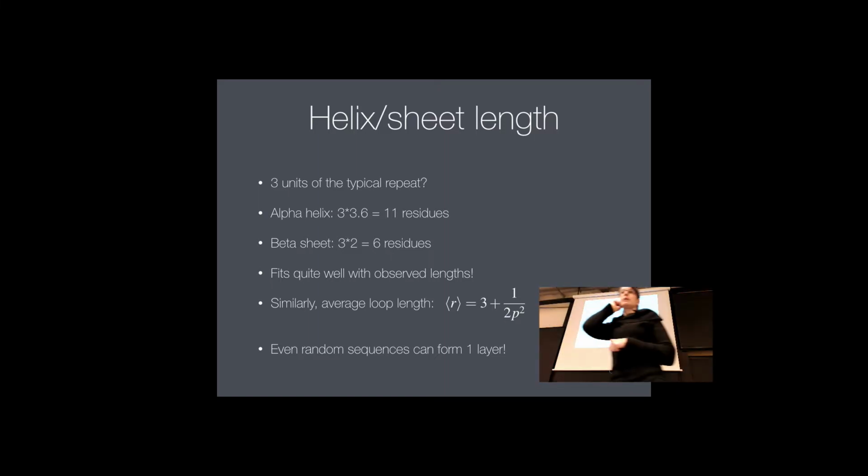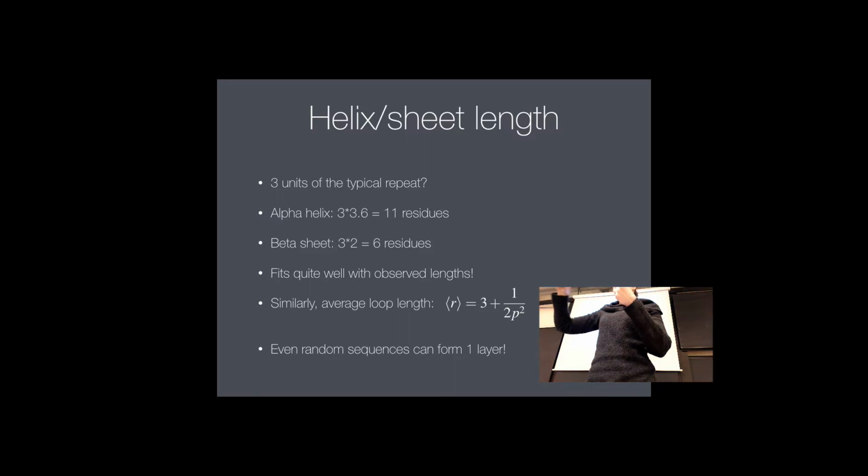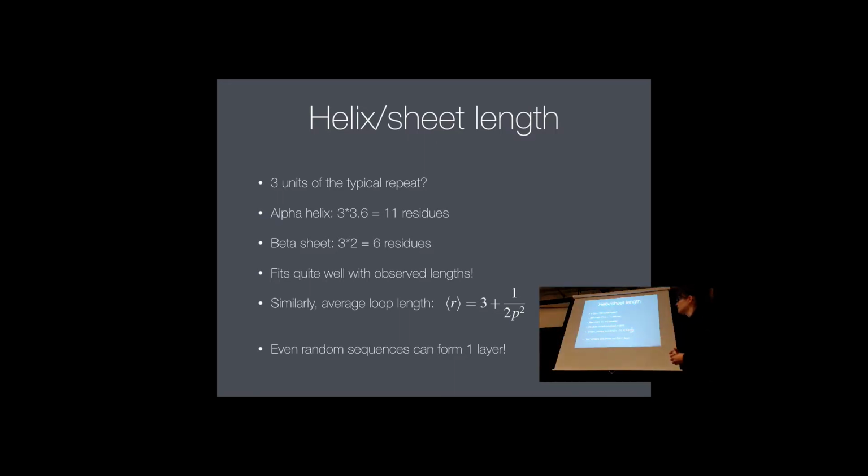Usually not, in fact. Usually what we see is that an alpha helix is often 11 residues long, and 11 is 3 times 3.6. And remember, I was telling you 3.6 is the helical turn. And beta sheets are often 6 residues long, and 6 residues is 3 times 2, and 2 was the typical unit that we found in the beta sheet, right?